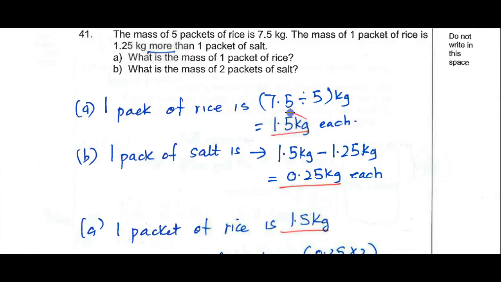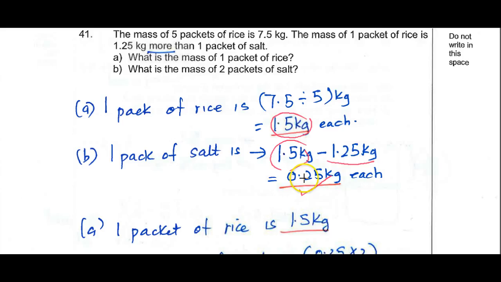The weight of 1 packet of rice is actually this, right? Minus the difference. This is the difference between a packet of rice and a packet of salt. Once you minus the difference, this is the weight of the packet of salt. So 1 packet of salt is this.